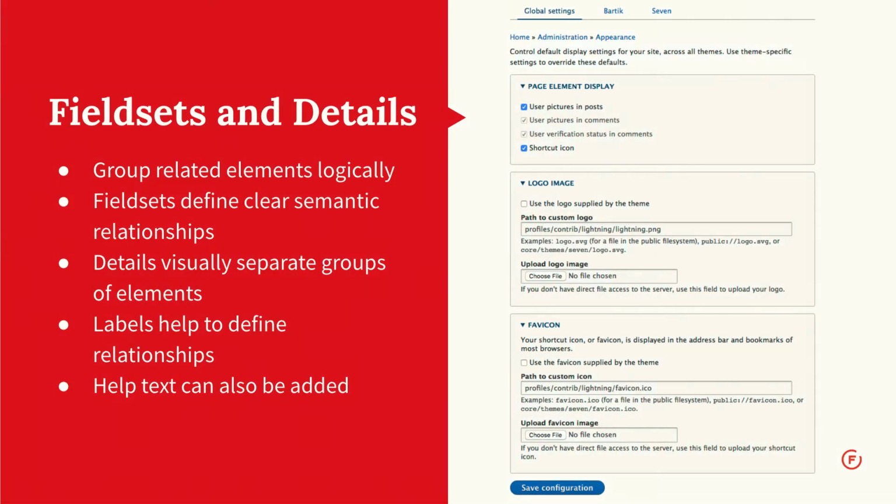So one of our first tools that we've got is the field sets and details. Details is the new name for it in Drupal 8. In Drupal 7, they're mostly just the field sets. The details are the collapsible version of it. So these let you define groups and relate them logically to each other.